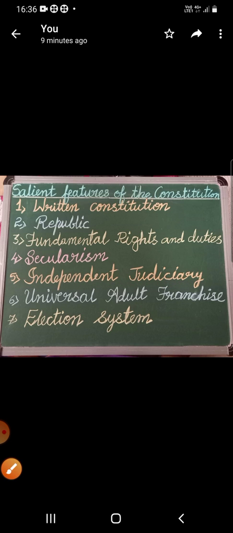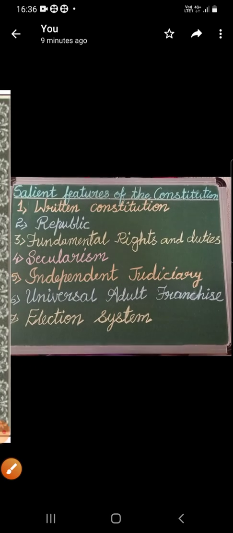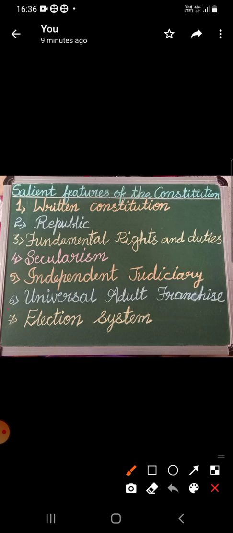And the next comes the universal adult franchise. What is universal adult franchise? The system of electing representatives through voting of adult members. I hope you all have seen elections, children, because you are already in 7th standard.